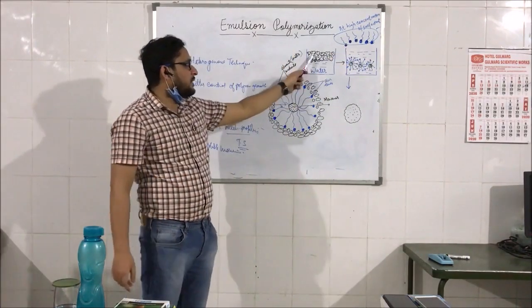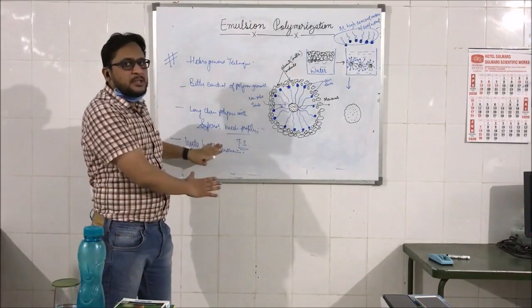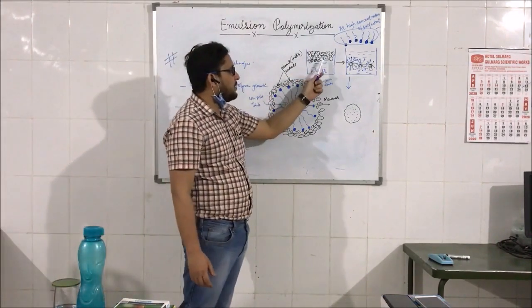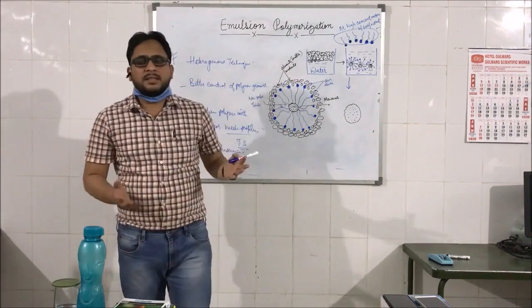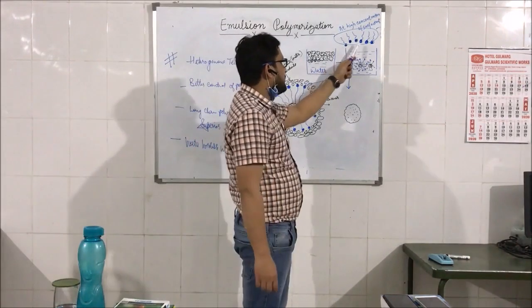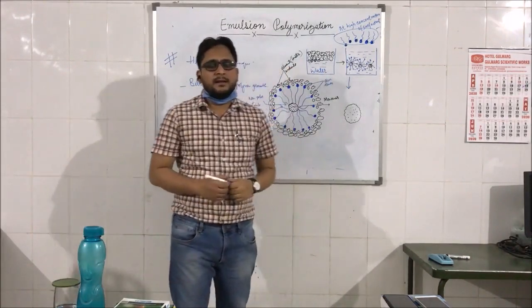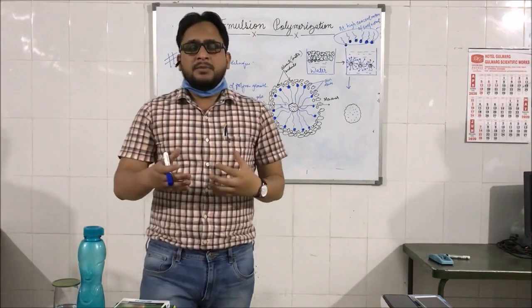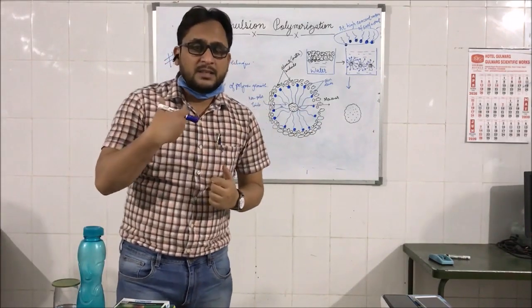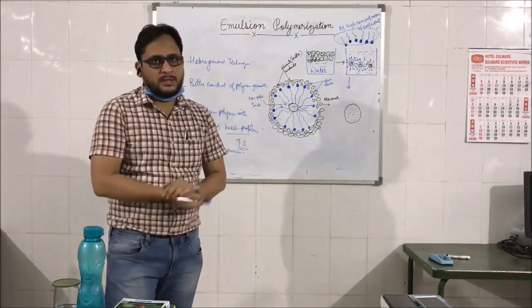So initially, this is in some respects similar to the suspension polymerization technique. When we add monomer, which is insoluble in water, as in the case of suspension, we get two separated layers, and then surfactants are added. When surfactants are added, they help the monomer molecules to get dissolved or dispersed in water.